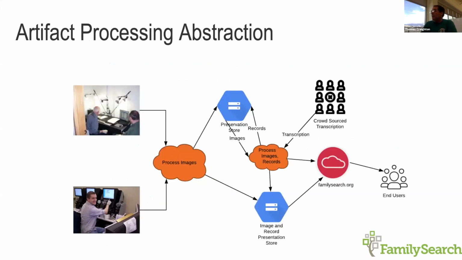This is a quick overview of the process that we go through to publish source materials. These are things like census records or church records or civil records that we've gathered. And up here, this picture is a depiction of one of dozens of portable imaging stations that we've developed.